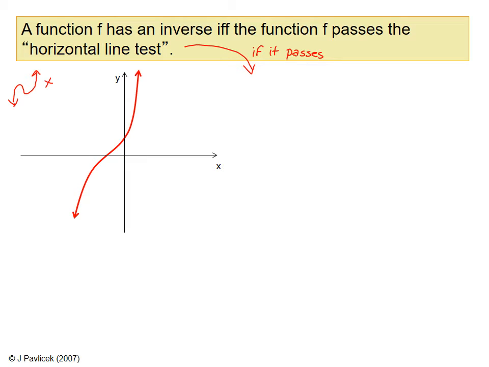Okay, so for this, for example, it passes the vertical line test in that you cannot draw a vertical line through it and hit the graph more than once, but it also passes the horizontal line test. Any horizontal line that you'll draw through it only touches the graph once, and that's why it has an inverse, because none of the x's or y's repeat.